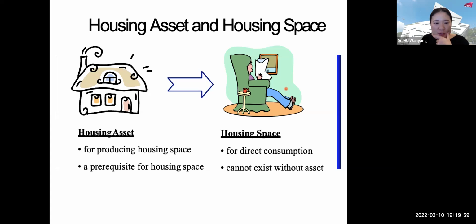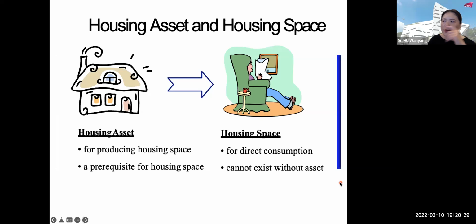Okay, residential investment. So we have a different formula from the one deriving business fixed investment. Now we move to residential investment. This is related to how we conceptualize housing. Housing can be an asset, housing can be space. If it's an asset, then this asset produces housing space for use, and this is also a prerequisite of the housing price.